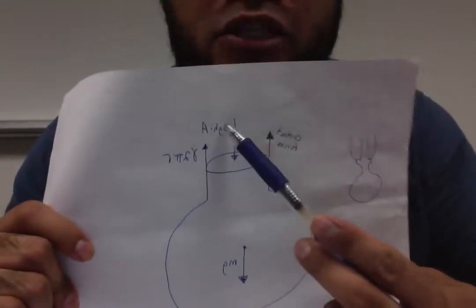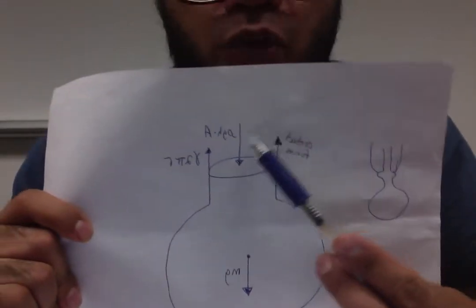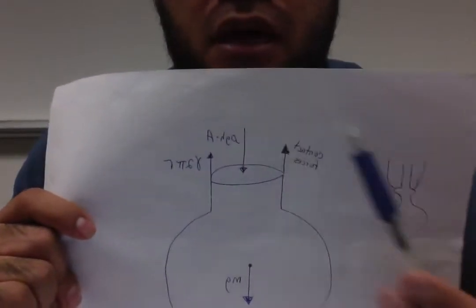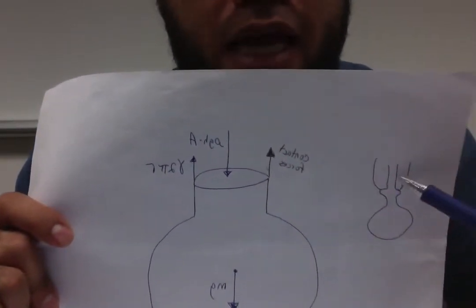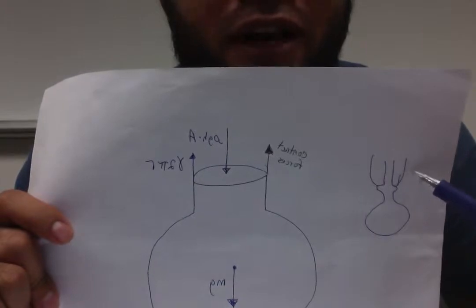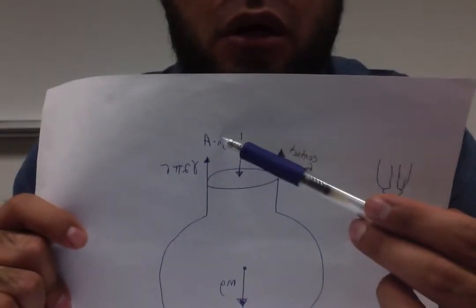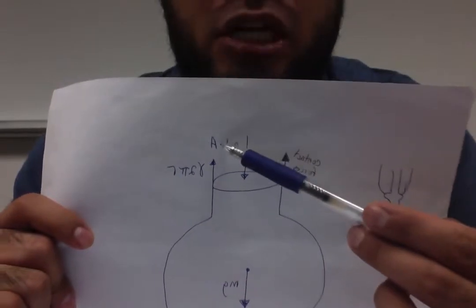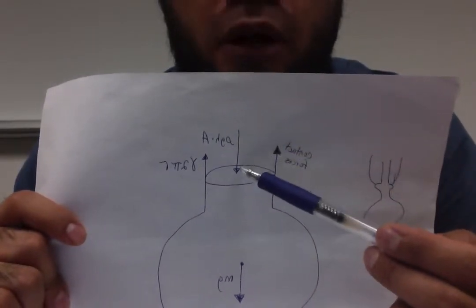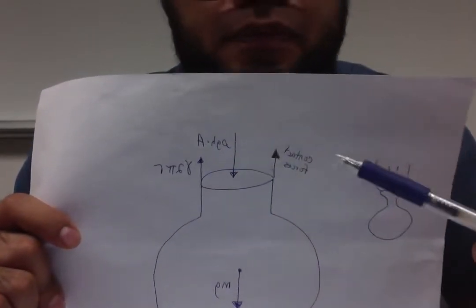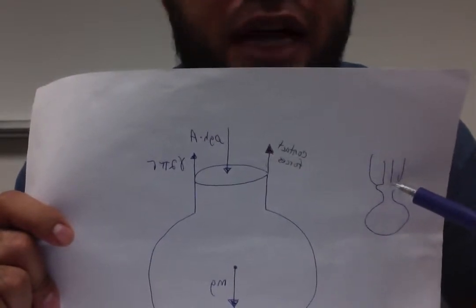I do know what I could do to minimize these forces if I really wanted to be more serious about this experiment. I could create a dropper that was very, very wide. And if I created a very wide dropper, my H would get smaller. And if my H got smaller, then this force would get smaller and become negligible. I could also make a very tiny pinhole.